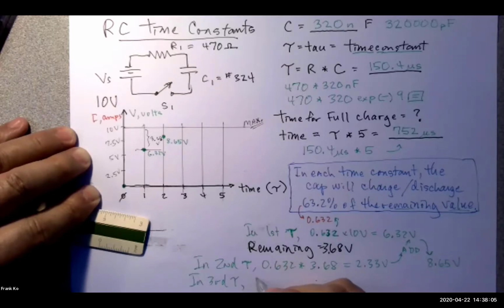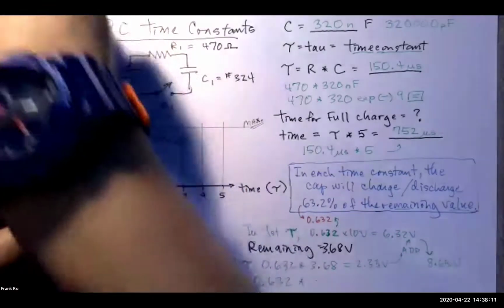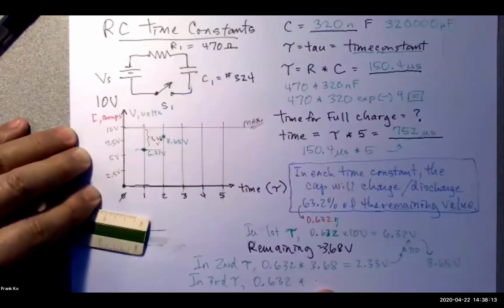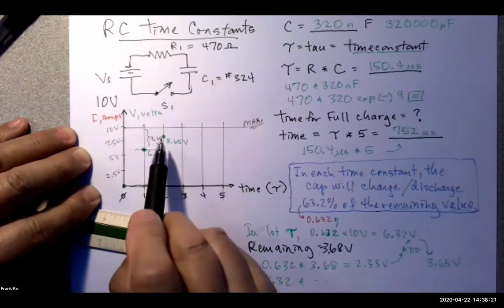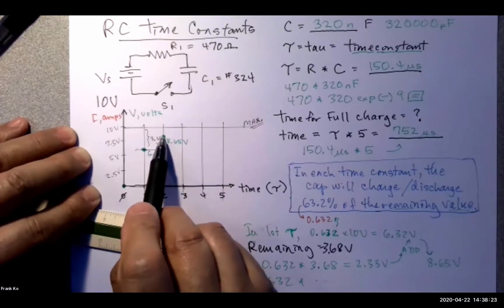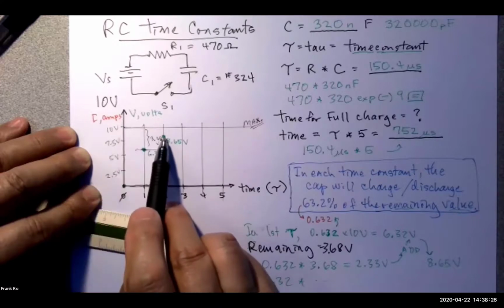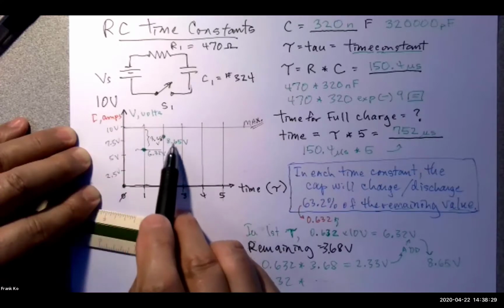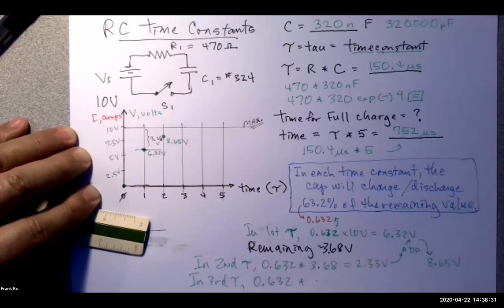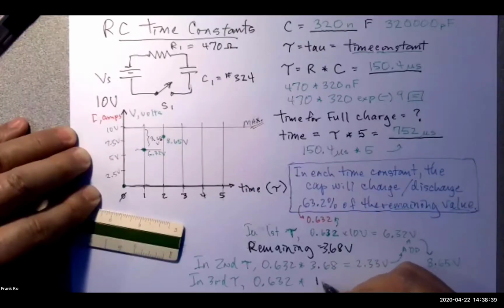This will work out to be 0.632 multiplied by what's remaining. Can someone tell me what this number will be? I will call on Andrew. Can you tell me what is the remaining? If I have 8.65 where the cap charges up now, and my maximum is 10, how do I find what's remaining, the difference between these two numbers? What's remaining? 1.35. Exactly. 1.35 volts is what's remaining.